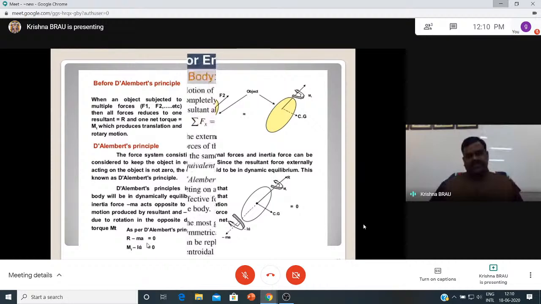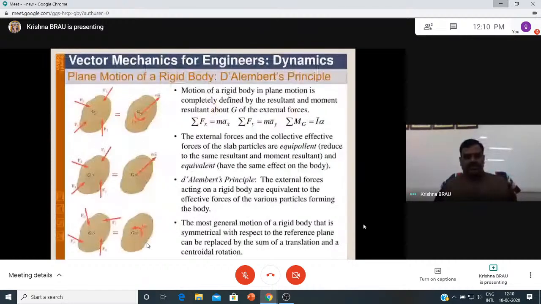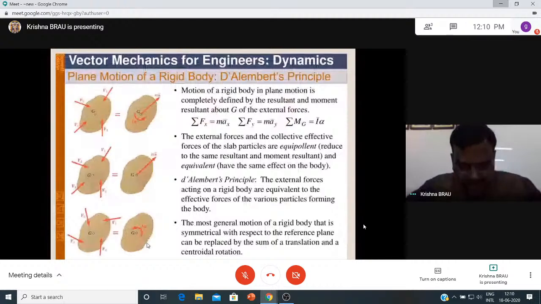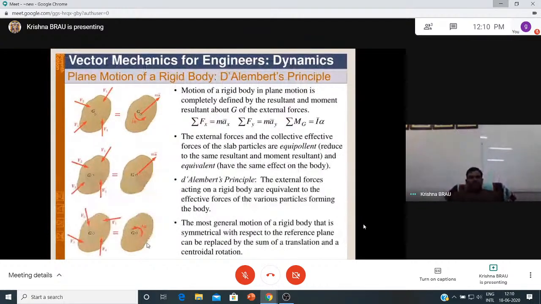See, that is the case. In a plane motion, Fx is equal to max, Fy is equal to may, moment is equal to I alpha. This is how generally we will consider the three cases.